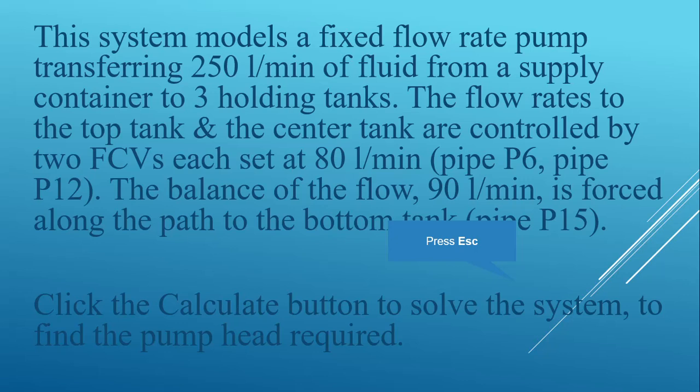The balance of the flow, which is 90 liters per minute, is forced along the path to the bottom tank, pipe P15.